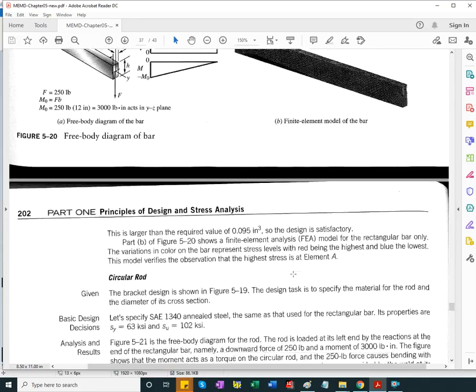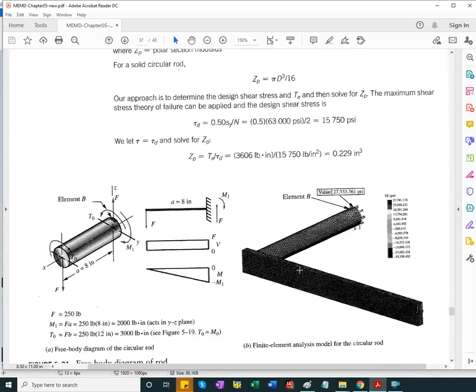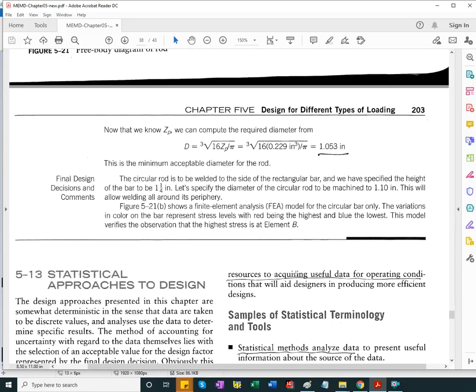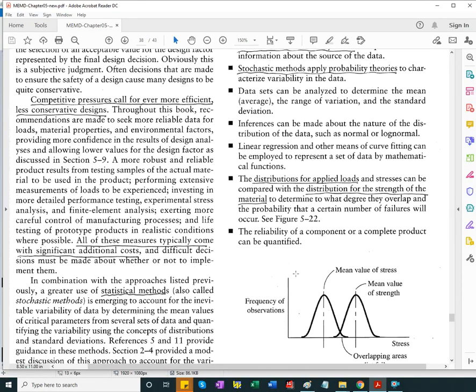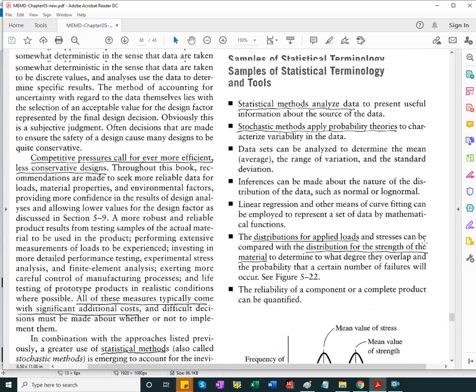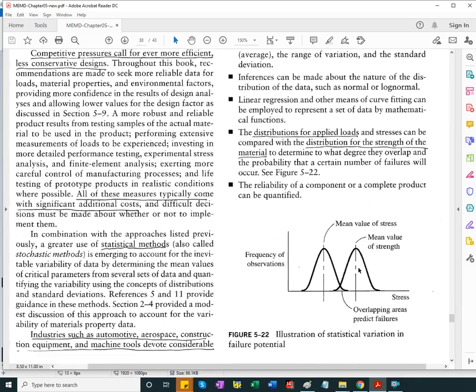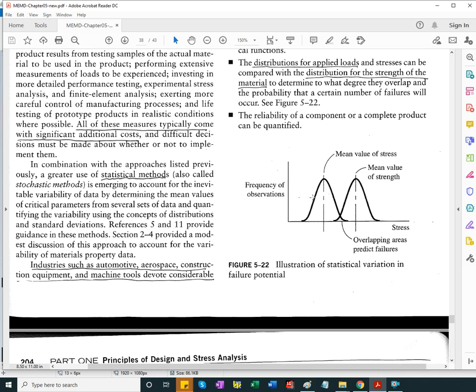One last example. Actually, a couple of sections discussed are on the statistical approach to design in general. You can have fluctuation in the material property and fluctuation in the loads.